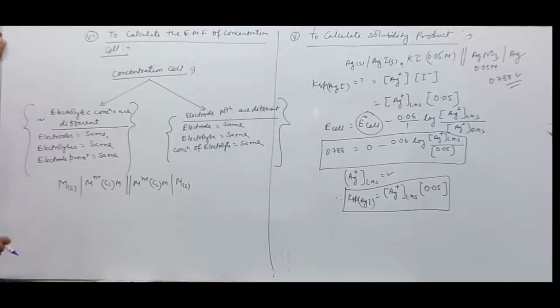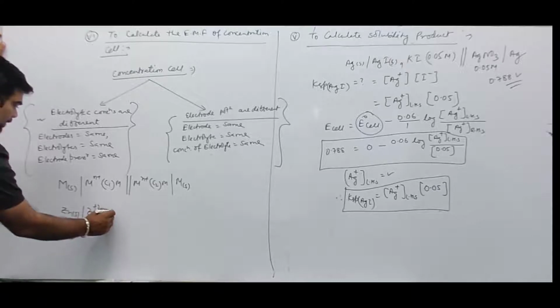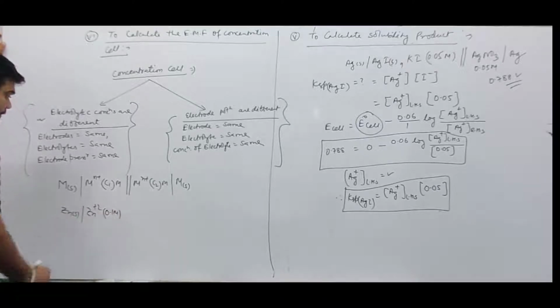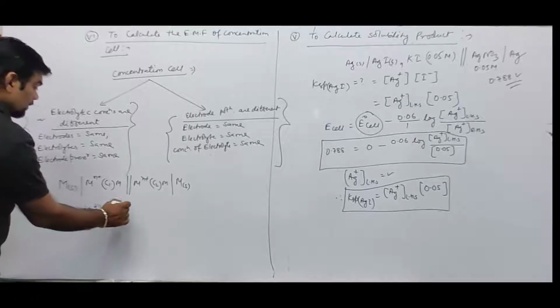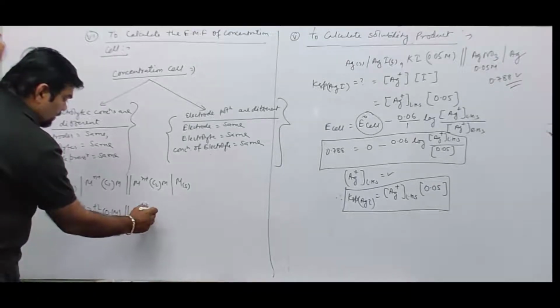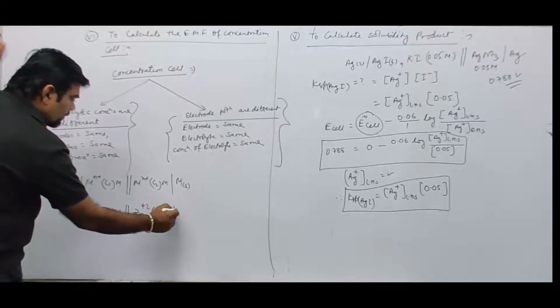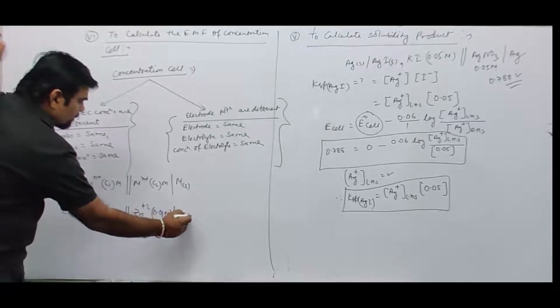So same concentration, same electrolyte. Let's say over here we have taken Zn solid converted to Zn2 plus with 0.1 molar. No problem. Then Zn2 plus at 0.01 molar converted to Zn solid.